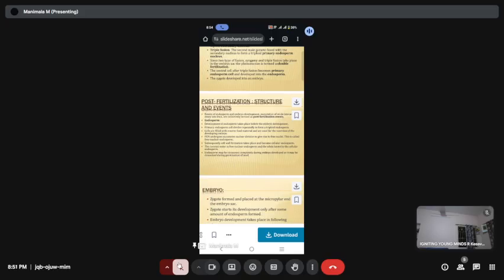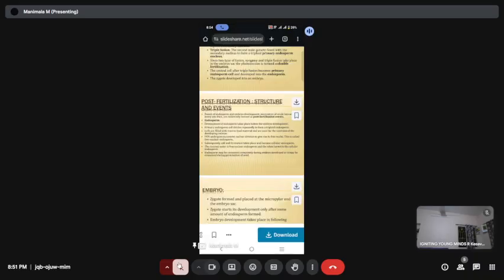Then it is called compatibility. If the stigma does not accept the pollen grains from other plant species, then it is called self incompatibility, right? Compatibility means acceptance, incompatibility means rejection, right?